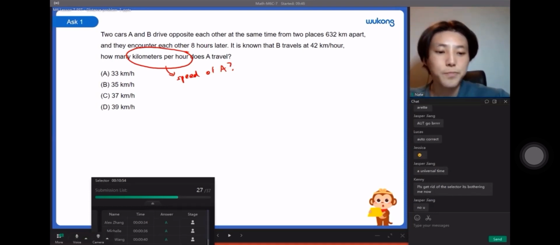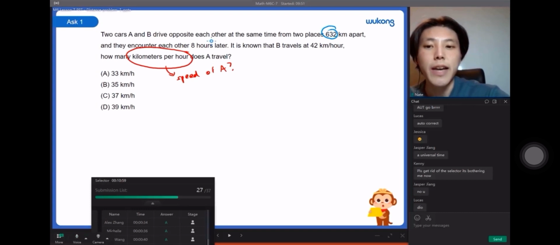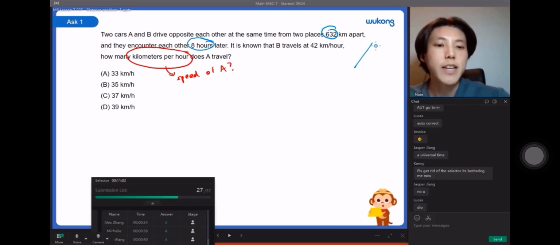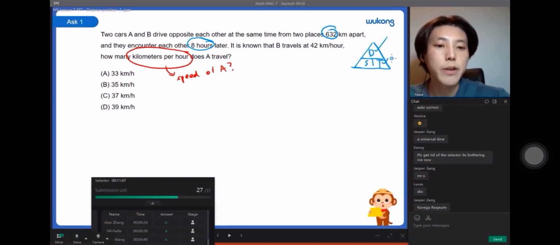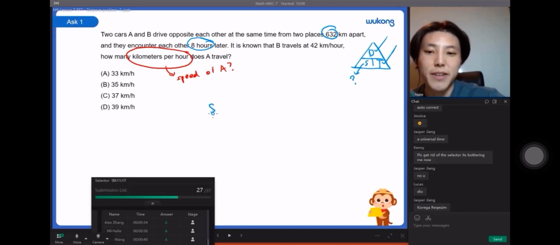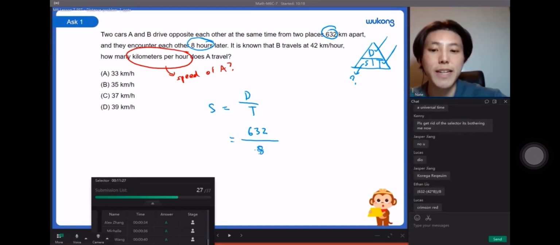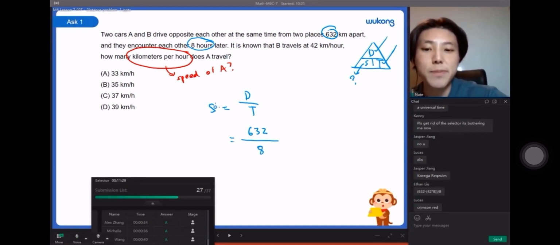Okay, but we know the distance between each other, and we know the time. So in our pyramid right now, we know distance, we know time. We don't know the combined speed. So if I want to find the speed, what should you do? Speed is going to equal distance over time, right? And your distance is going to be 632 kilometers, and the time taken is 8 hours. But your speed is not just one speed, it's a combined speed.